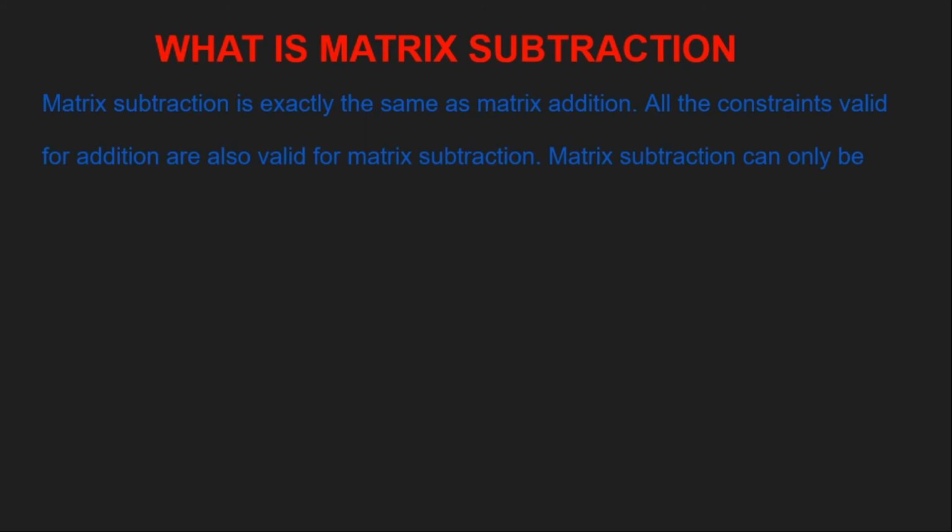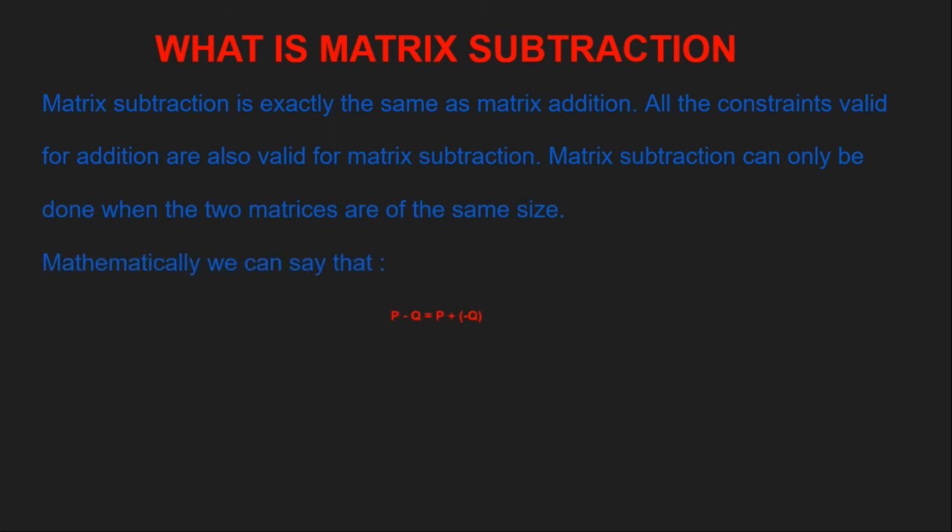Matrix subtraction can only be done when the two matrices are of the same size. As I already told you before, if matrices have the same order or same dimension, in that case you can add them. So this was all about matrix subtraction.